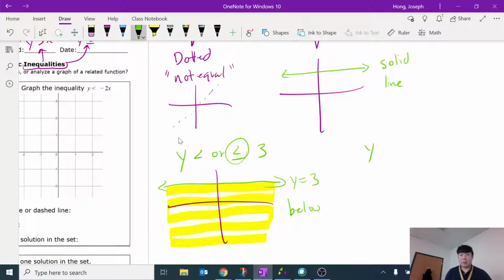So what happens if the inequality faces towards my y? What would happen?